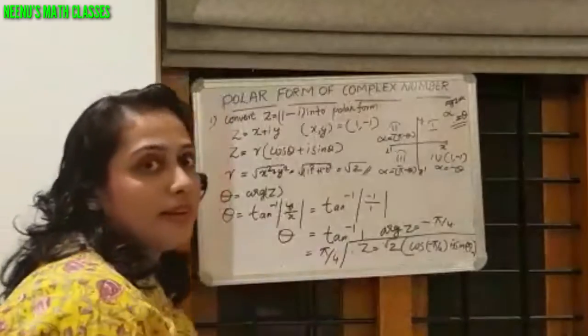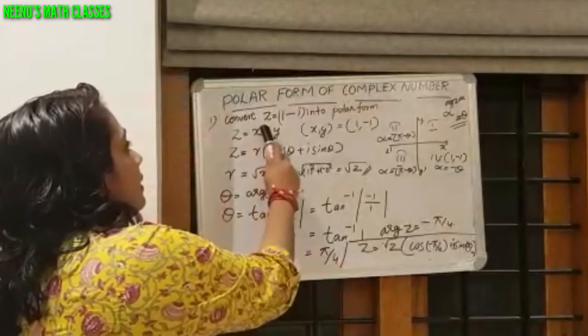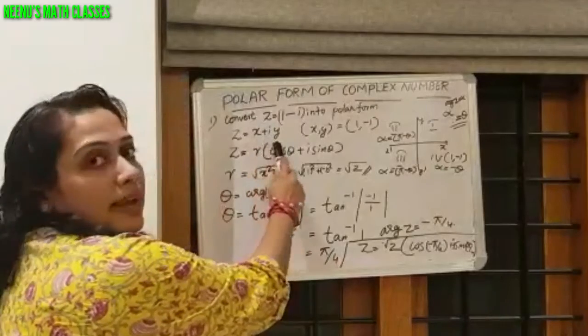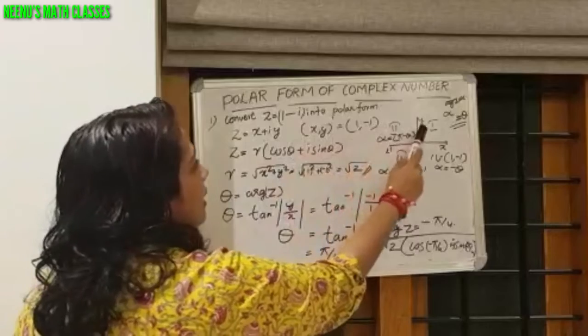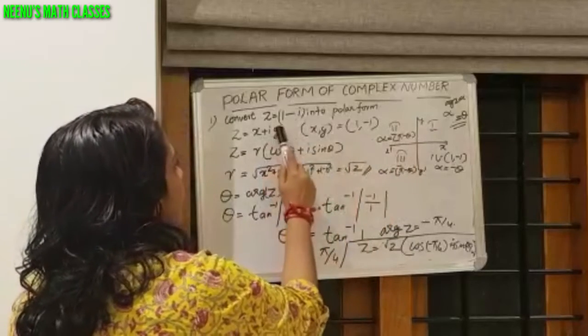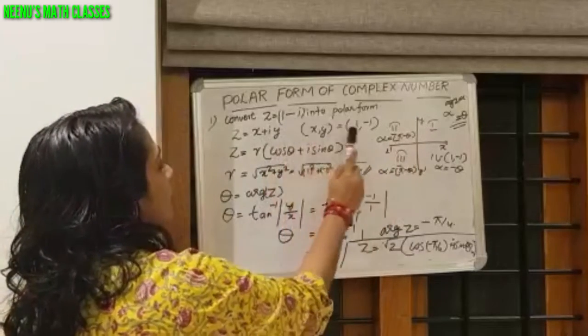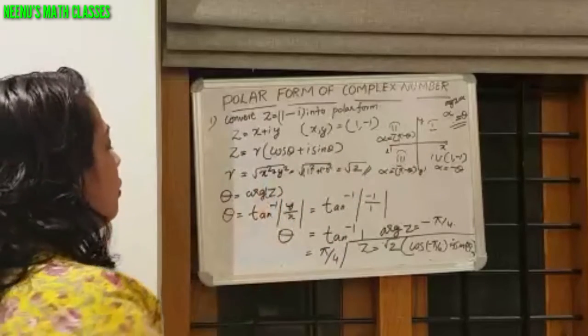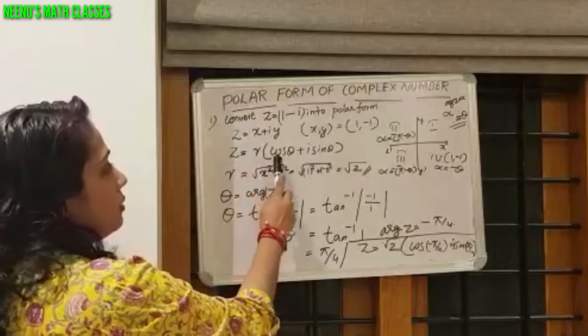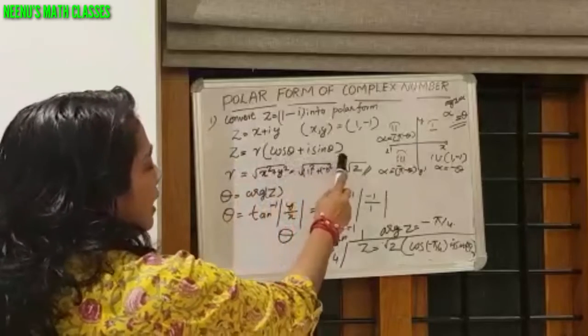Okay, I will explain this one more. Consider z equal to x plus iy, where x comma y is 1 comma minus 1. We know the polar form is z equal to r cos theta plus i sin theta.